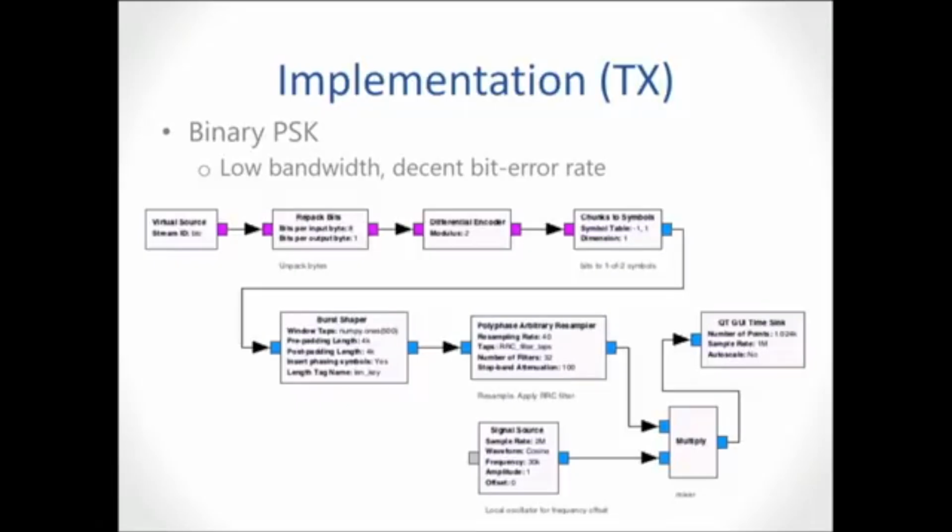Then each signal initiates a pulse, and it scales the pulse by the value of the symbol. Before it goes into the RRC filter, it passes through a burst shaper to pad the pulses with zeros. Then the output of the modulator gives us a baseband train of shaped pulses that look like either ones or zeros.